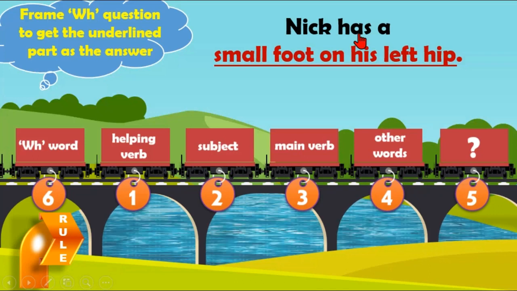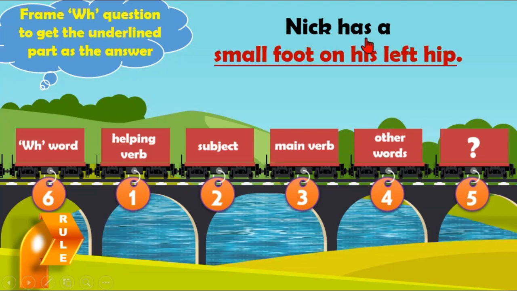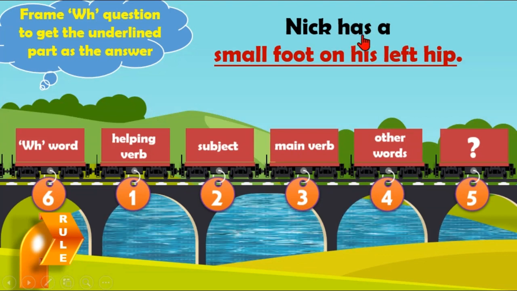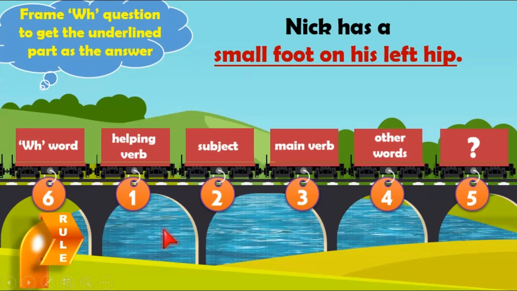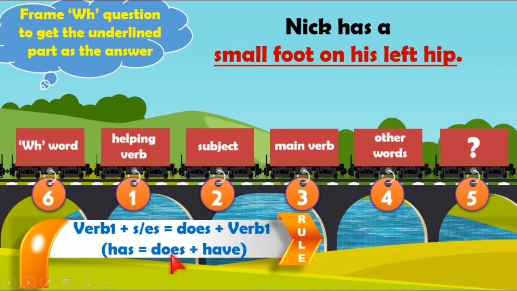So what we have to do? We have to split the word has as does plus have. That means does plus verb 1. Here is given verb 1 and also yes form. Here has is equal to does plus have.